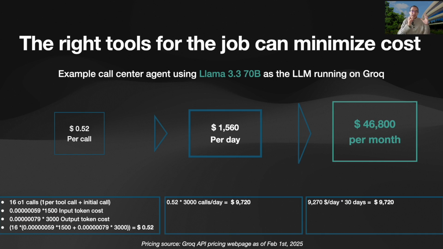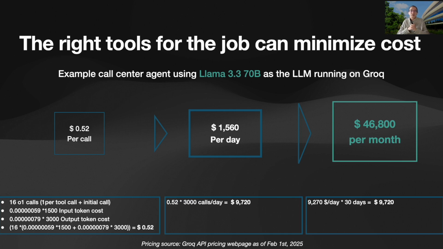So let's go back to our example. Now, what happens if we replace OpenAI o1 with Llama 3.3 70B, just from a price perspective? You may need to use OpenAI for your use case, but what if you didn't? You can just use Llama 3.3. Well, we go from over $3 per call to 52 cents per call.